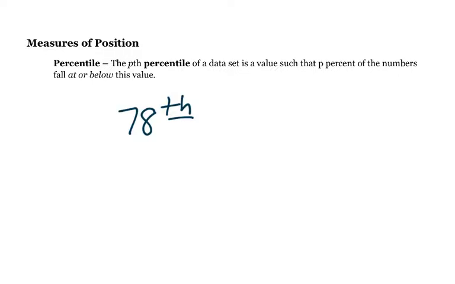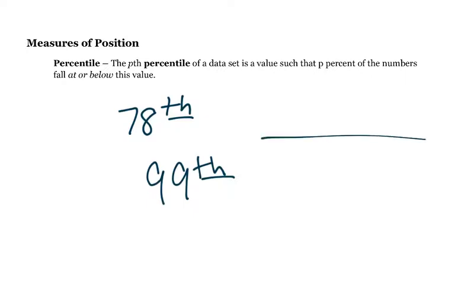If you know somebody who scored at the 99th percentile, that means that they probably did better than almost everybody else on that assignment, or typically you hear about this in terms of the SAT, ACT, etc. So when they say percentiles, it's telling you where your percentage is.